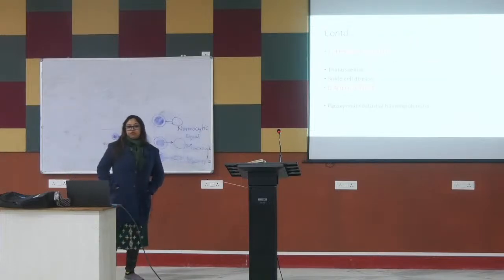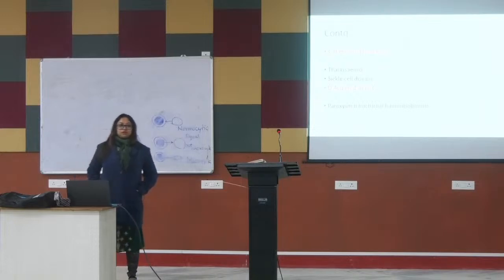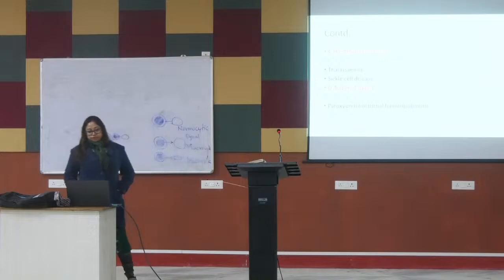Number C, hemoglobinopathies. What are these? Hemoglobins are produced, but there is some defect. Number 1, thalassemia, for example. Thalassemia is very common, you all know the name thalassemia, and sickle cell disease.